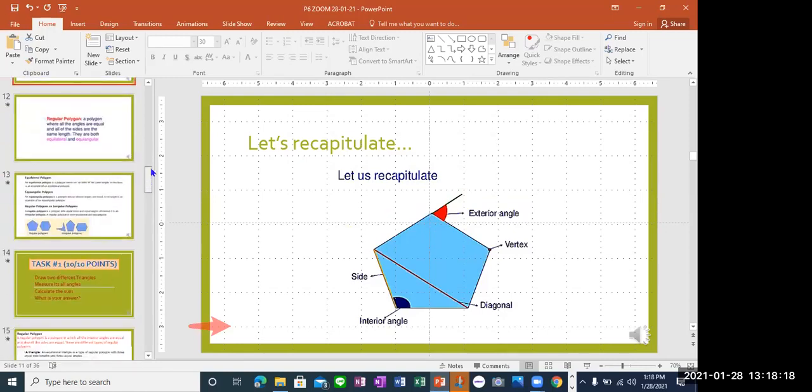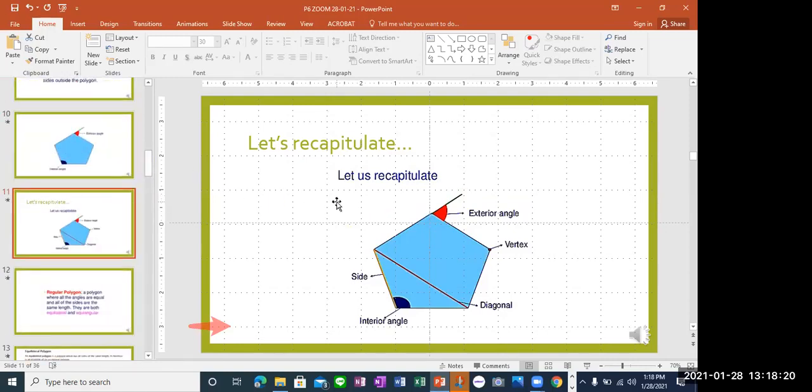And on the screen, you will see we are reviewing the elements or properties of your polygon. So you have the sides, the interior angles, the vertices, the exterior angle, and the diagonal.